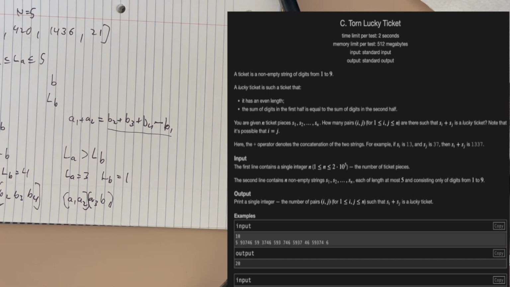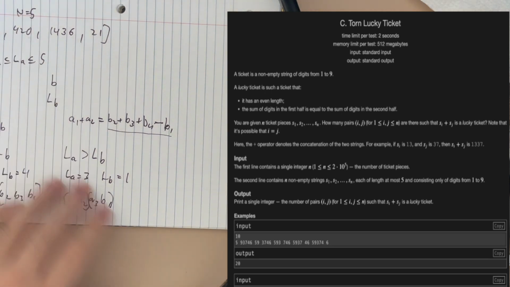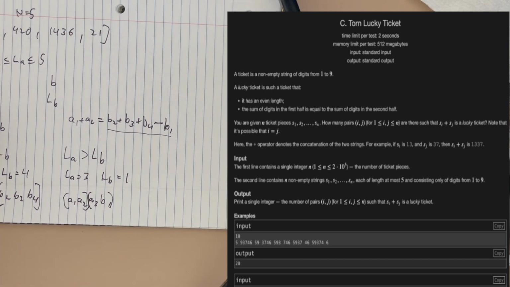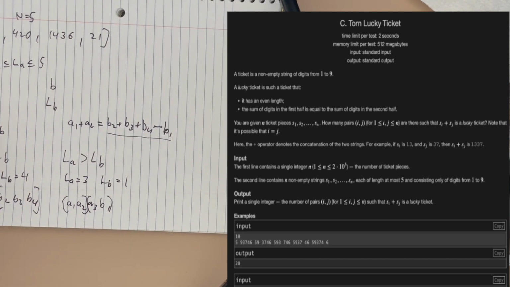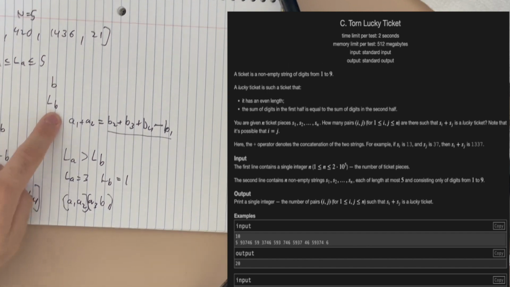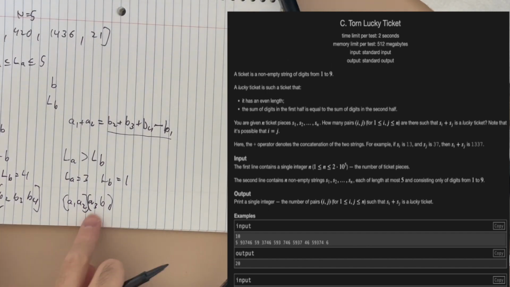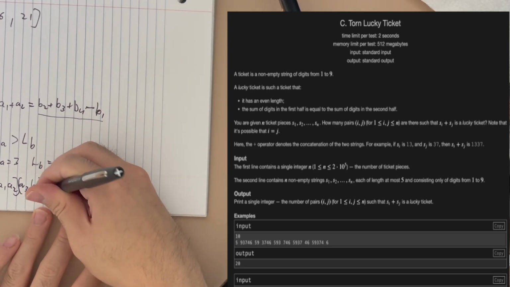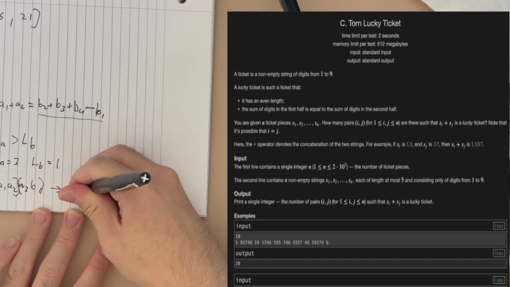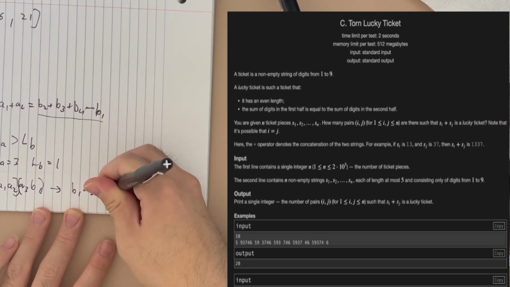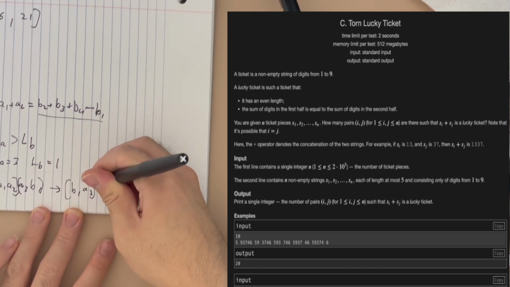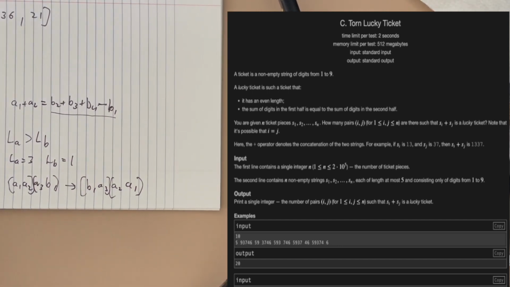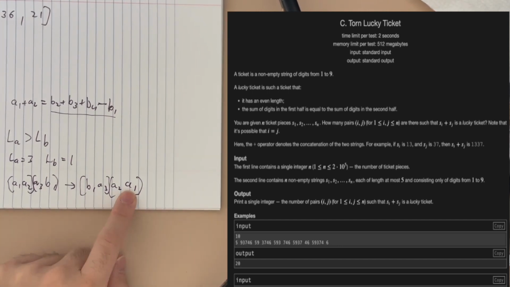However, if you want to just use one map to store all of this information for one L_A, instead of storing 5 maps for each possible length, you can store one map by just reversing the string. So what this means is that if we reverse this, B1, A3, A2, and A1, the condition that we're checking for is exactly the same, except now we've transformed this case into the L_A less than L_B case.